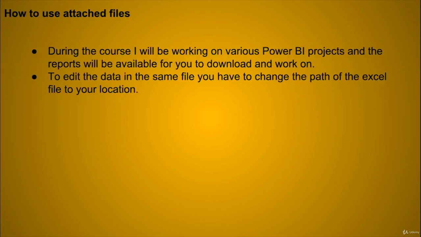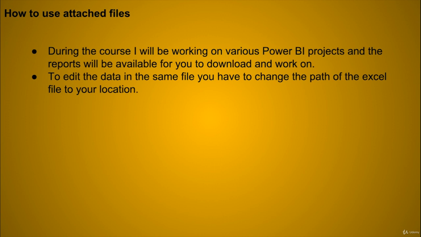Now in this particular course, I will be providing you some of the Power BI files. The Power BI projects which we will be creating, all the reports will be available for you to download and work on. To edit the data in the same file which I will be providing, you have to change the path of the Excel file to your location's Excel file.